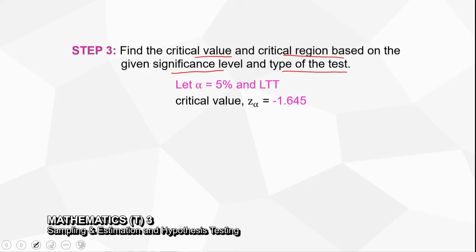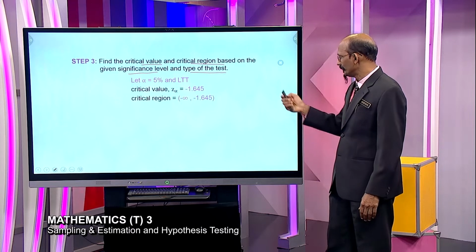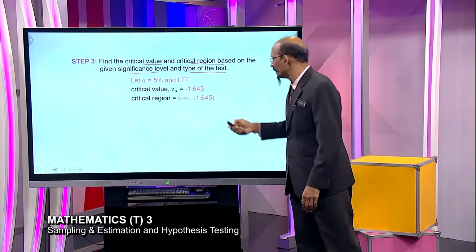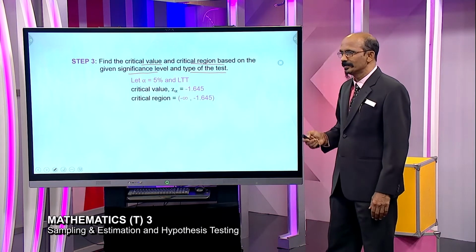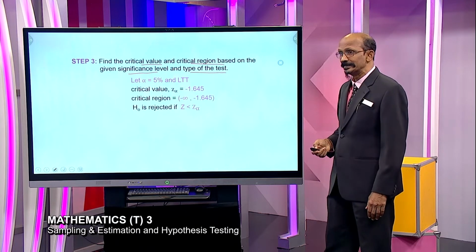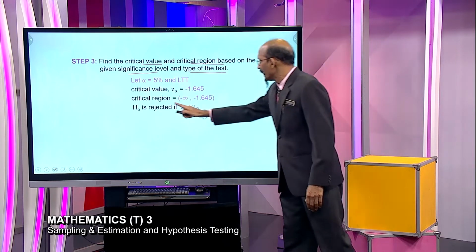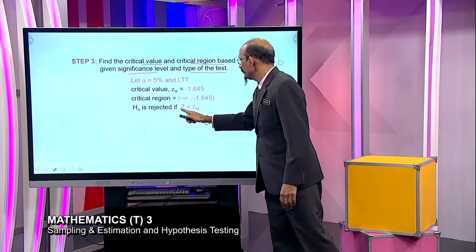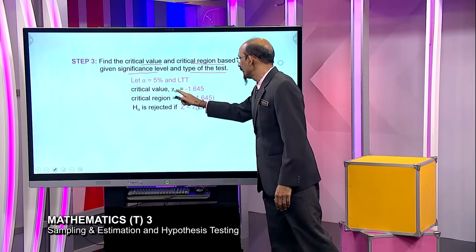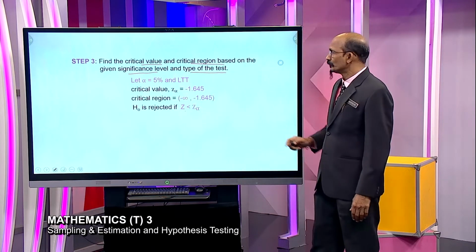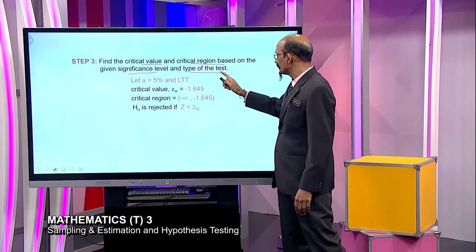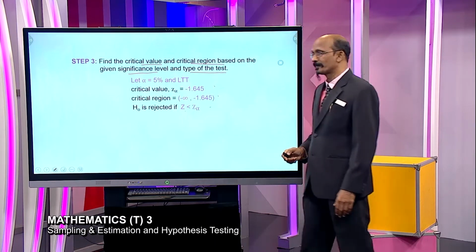So my critical value will be like this, and my critical region is in the form of an interval. Then I make an early decision, which means H0 is rejected if my test statistic is less than my critical value. So this step must have 3 things.